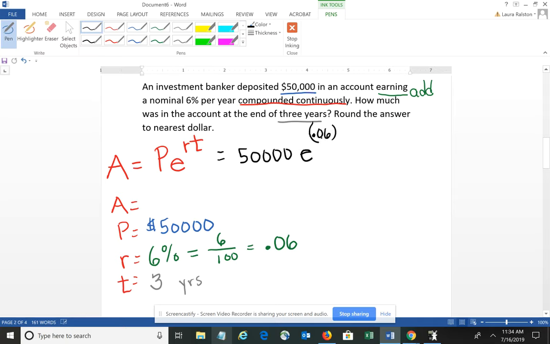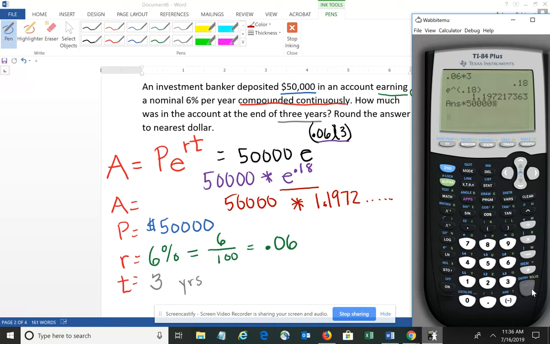So I would have 50,000 times 1.1972, and so forth. Again, it's just easier. That number is already in the calculator's memory, so we tell it to take that number times the 50,000, and we enter, and it gives me the answer.